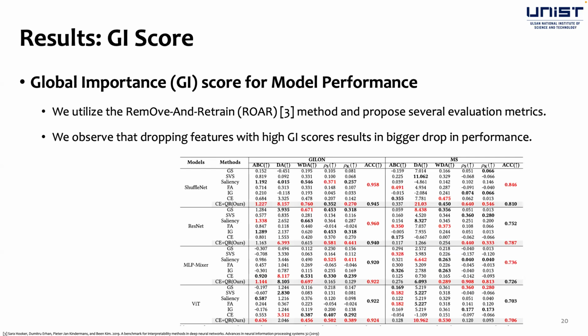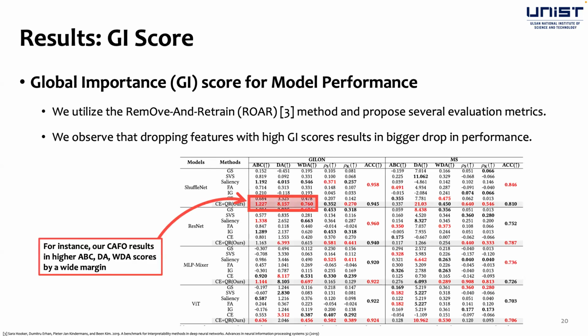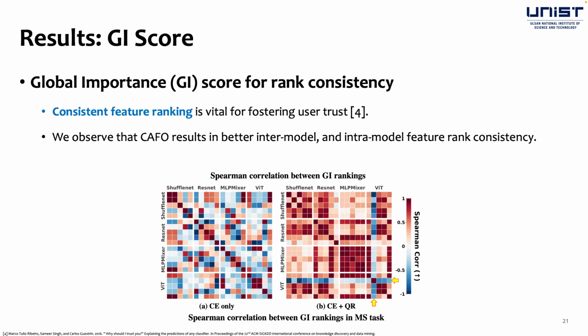We further show that our CAFO method performs better than other XAI methods in several key metrics. For instance, our CAFO in ShuffleNet results in higher ABC, DA, and WDA metrics, while other baselines show small or even negative scores, which shows that the identified feature importance is not significant.